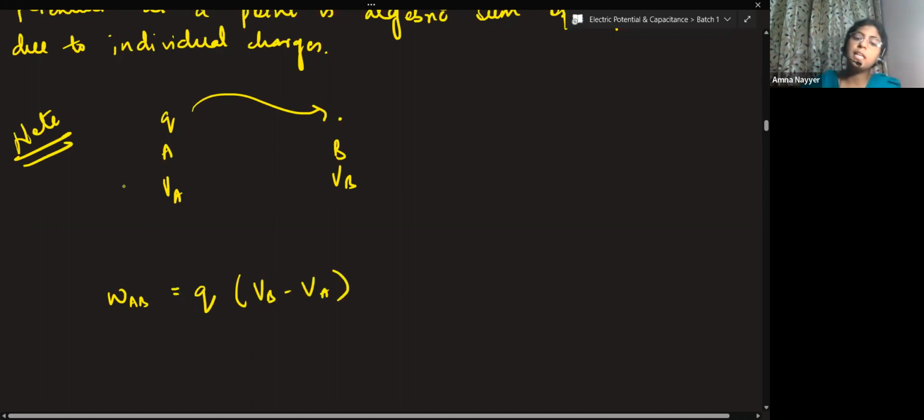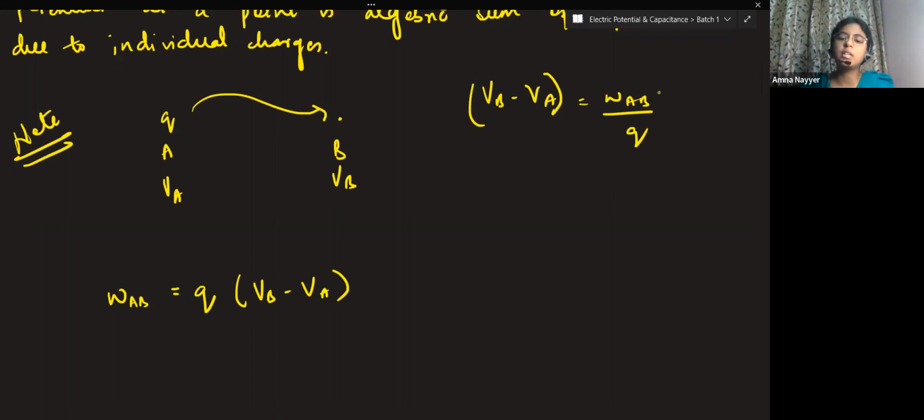So work done by the external force to carry the charge small q. How? Because VB minus VA was what? This was work done by Q. This we had seen. So if you are asked to get the work done, just multiply this term with Q. So you get the work done.